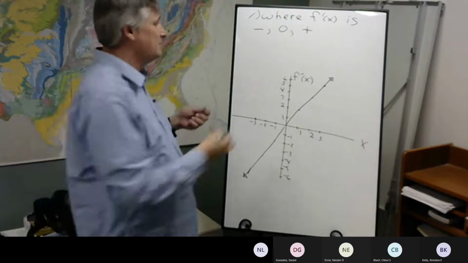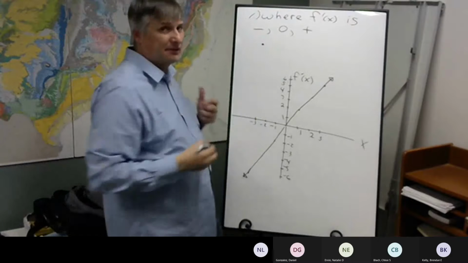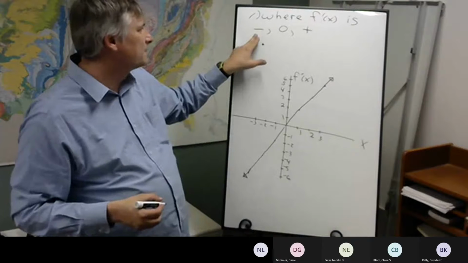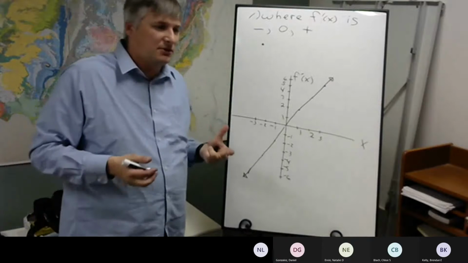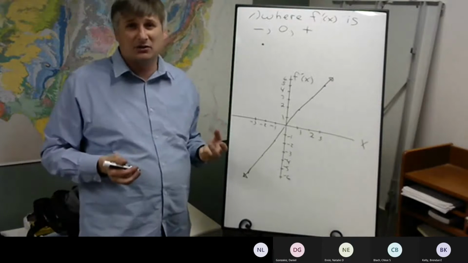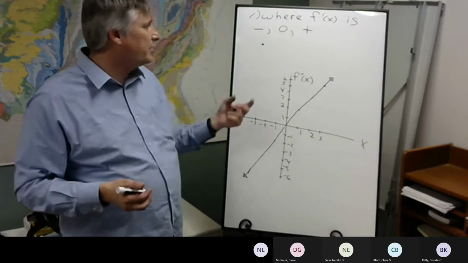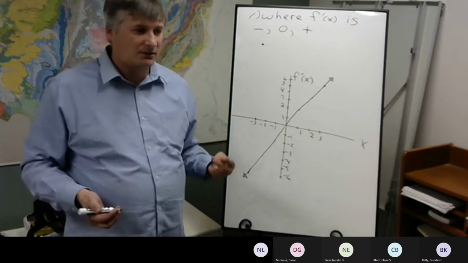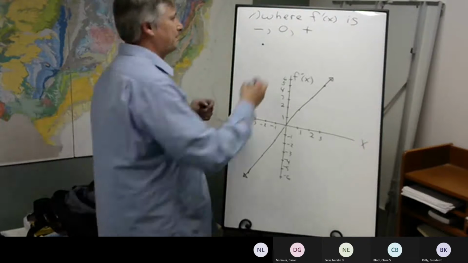Now, what this means, and we'll talk a little bit more about this later, but when f prime is negative, remember, f prime represents the slope of our function. So this means at points where f prime is negative, our actual function, f of x, has negative slopes.